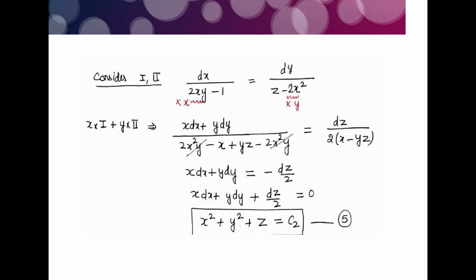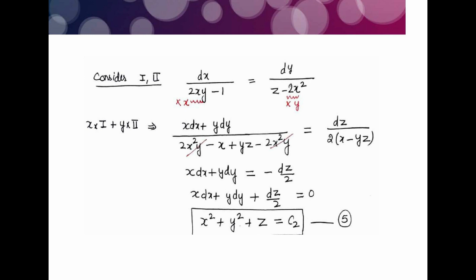So let's try this combination. X times first ratio plus y times second ratio, then we have x dx plus y dy. Simplify the denominator, cancel the same terms with negative signs, and finally we have x dx plus y dy divided by minus x plus y times z.